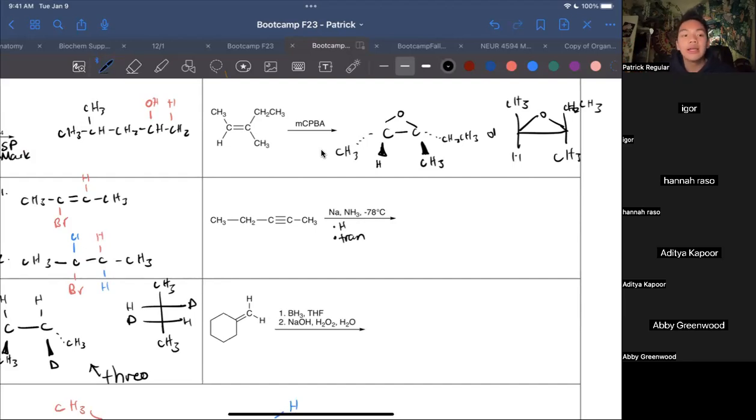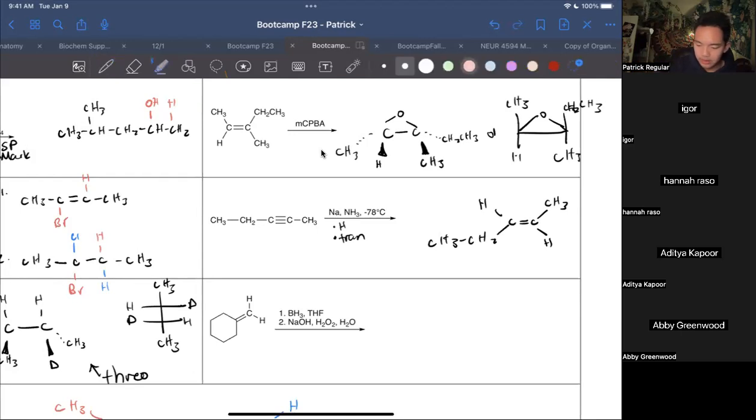If you do this, you will only reduce one of those pi bonds to make a double bond. You just do CH3, CH2, C, C, C, H. There you go. This is being added.